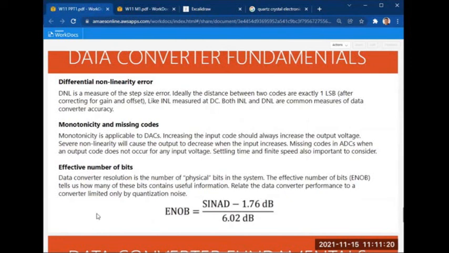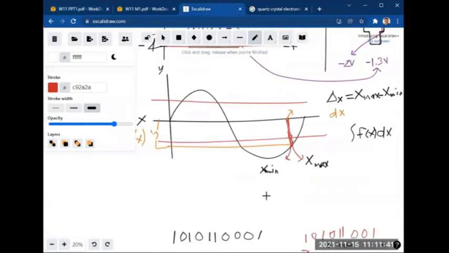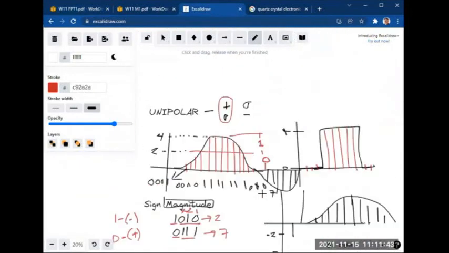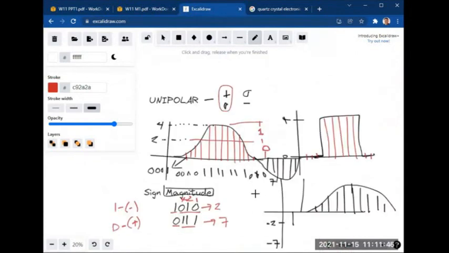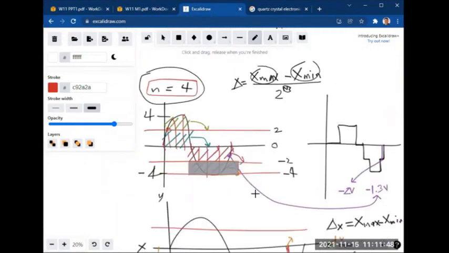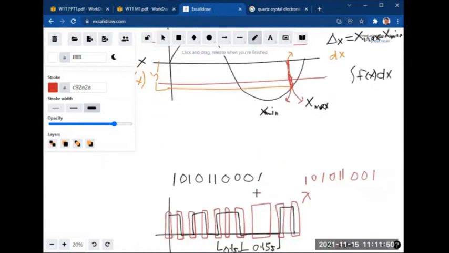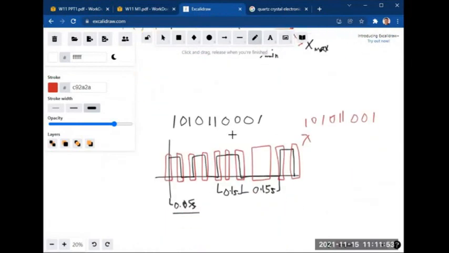So data converter resolution is the number of physical bits in the system. The effective number of bits, or ENOB, tells us how many of these bits contain useful information. So it relates the data converter performance to a converter limited only by quantization noise. Okay. Just to give you an idea, for example, we have this number of bits.